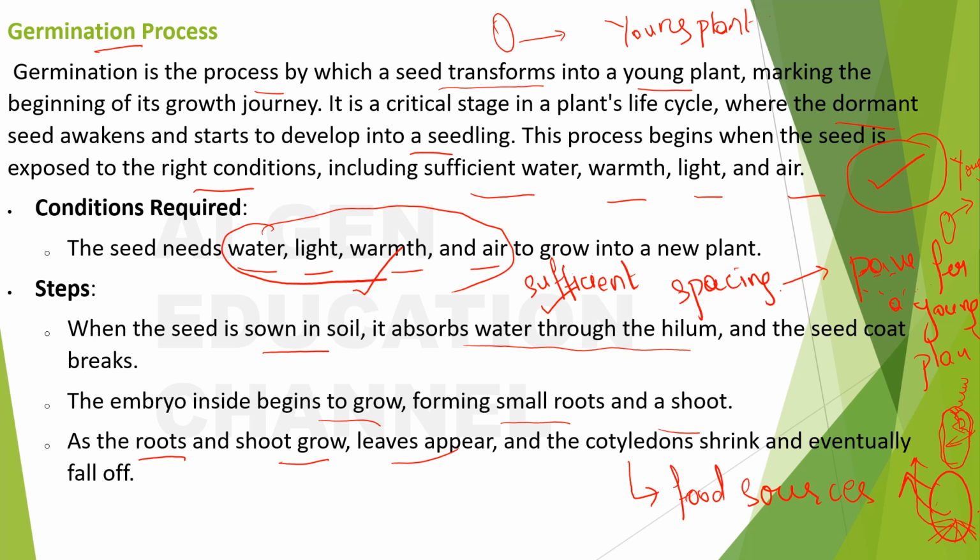It can derive its water and nutrients from the soil, and it can make its own food. It has become capable enough to make its own food, so there is no point in having cotyledons. So the cotyledons shrink and eventually fall off. See, everything in nature goes in a very nice manner. You just can't say that this is something random.